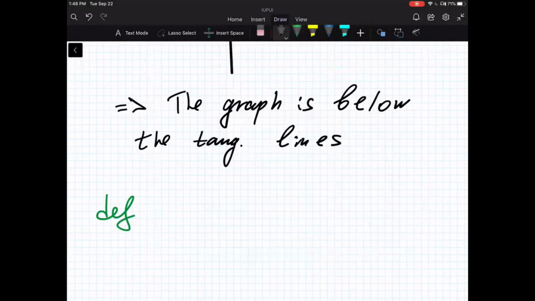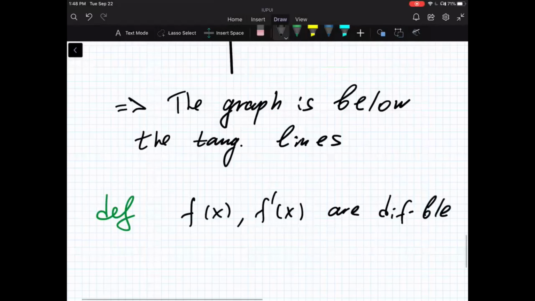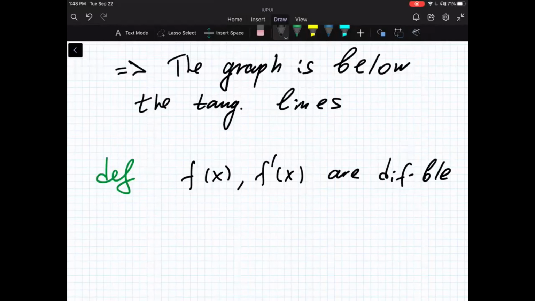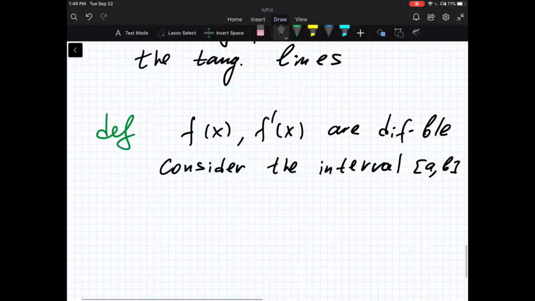So suppose f of x and f prime of x are differentiable, and consider the interval, say AB, then the graph is called concave up.